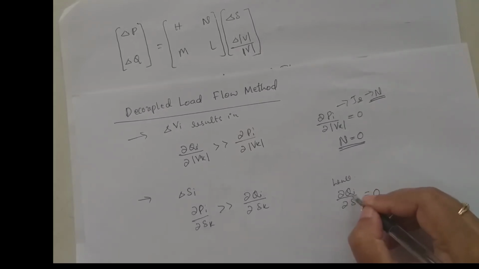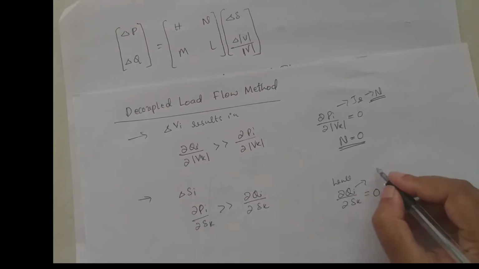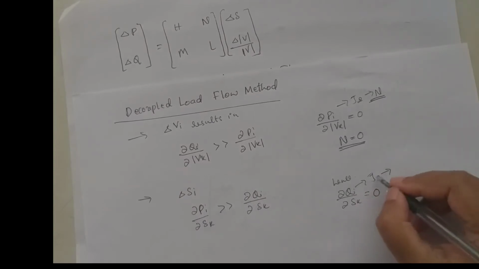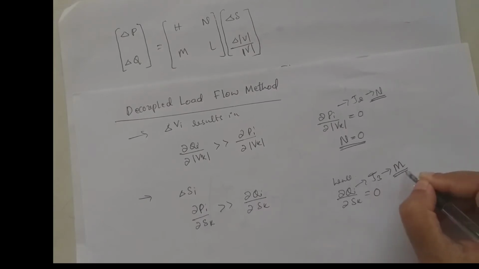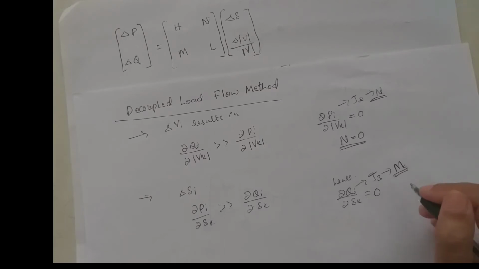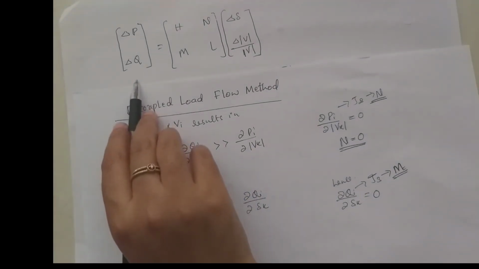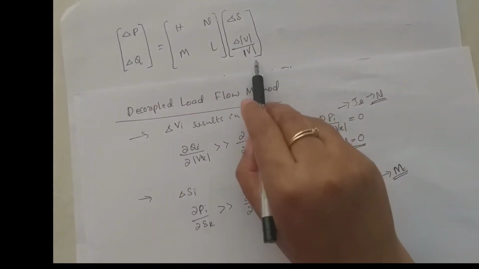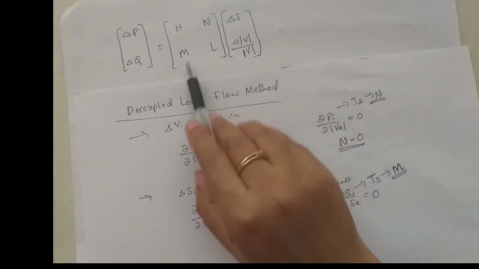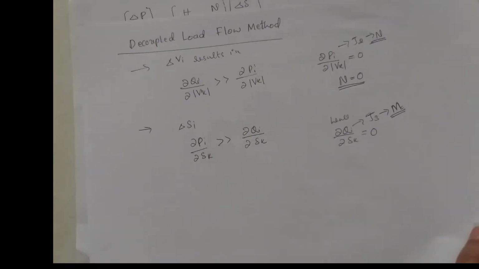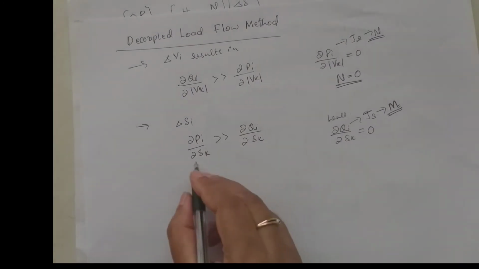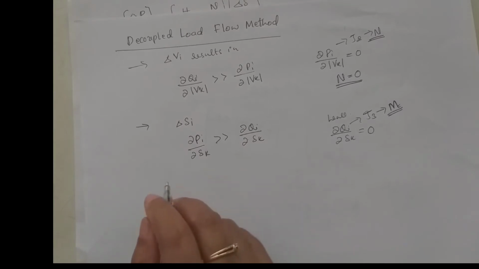This is matrix J3, also called matrix M, a submatrix of the Jacobian matrix J. After neglecting N and M in the NR method matrix, finally we get a matrix like this. This is the reduced form of the Newton-Raphson load flow method.